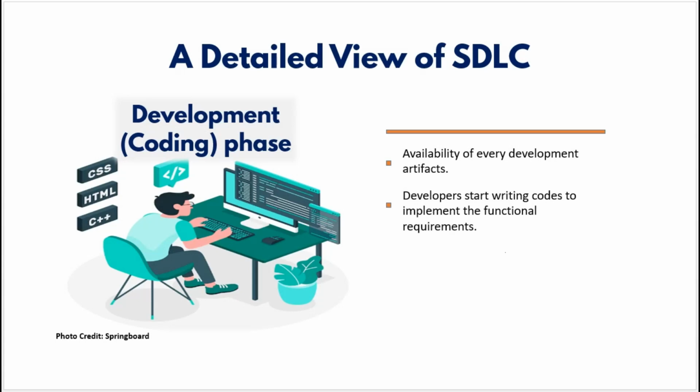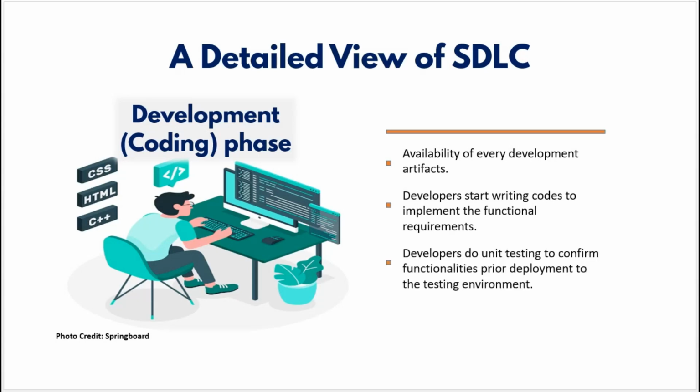So now in this phase, the developer is going to implement the requirements such that they can be used in creating the software system. Also, in this coding and development phase, developers do unit testing.